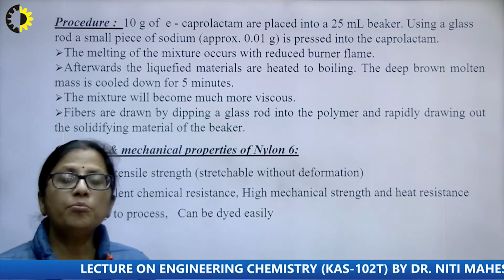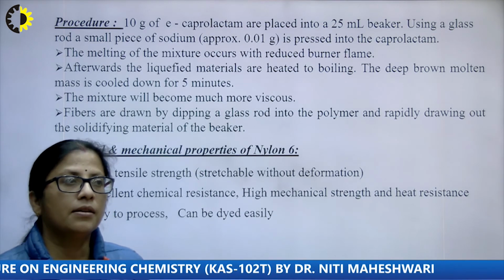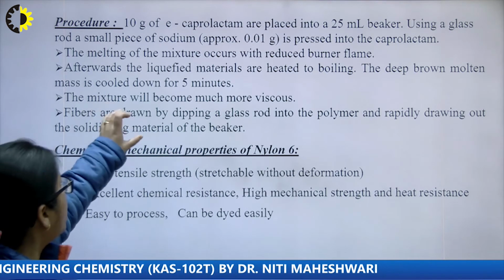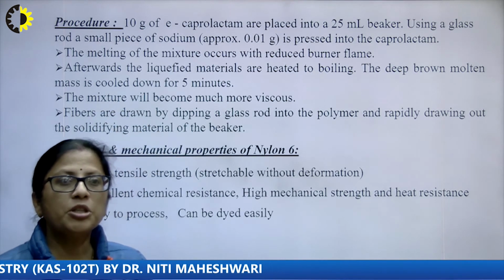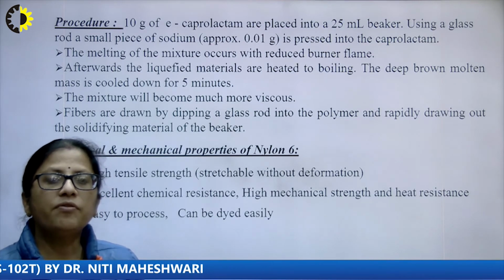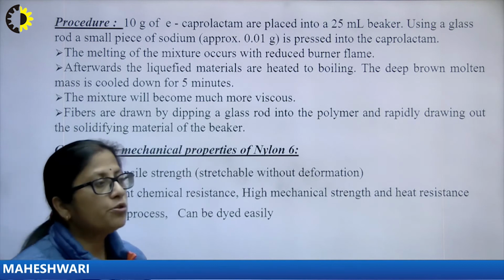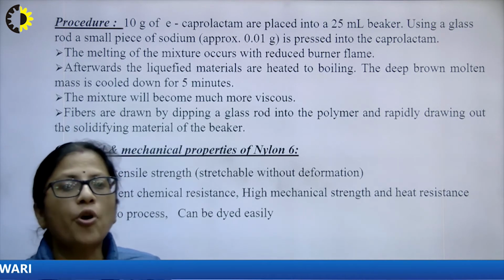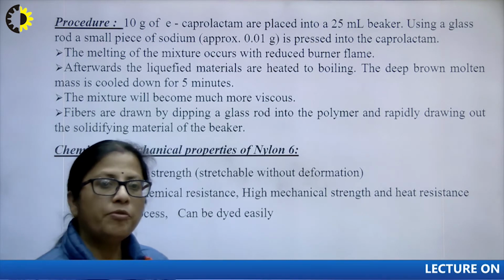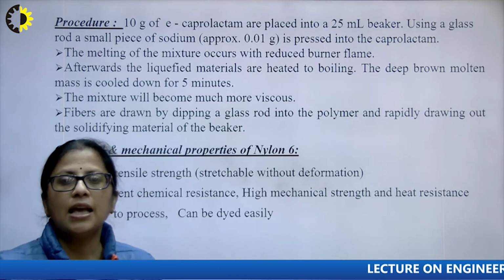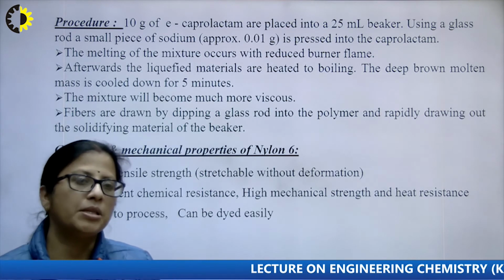The deep brown molten mass is cooled down for 5 minutes. As the cooling starts, the mixture becomes more and more viscous, and the fibers are drawn by dipping the glass rod into the polymer and rapidly drawing out the solidifying material from the beaker. So, before it solidifies, we pull out the threads or fibers of the polymeric material.